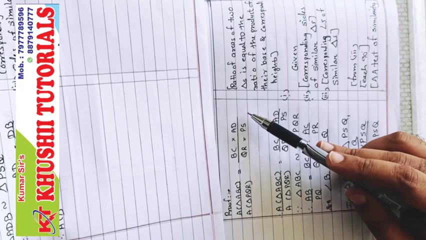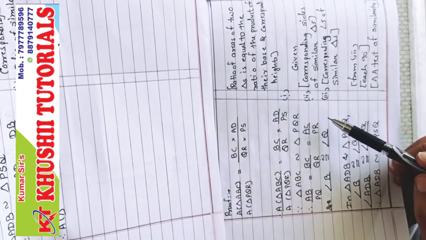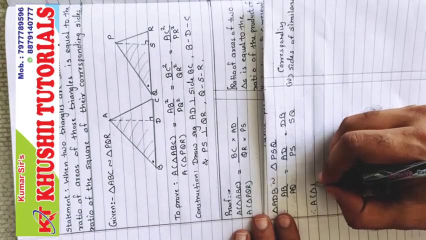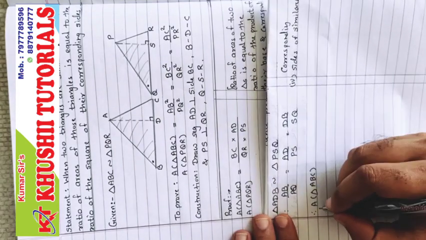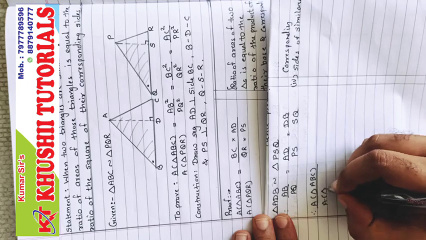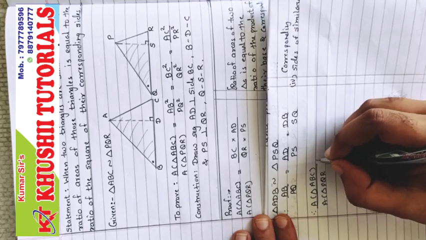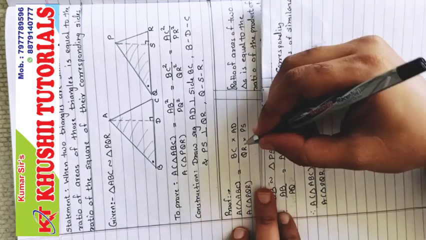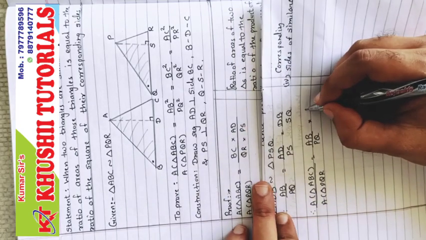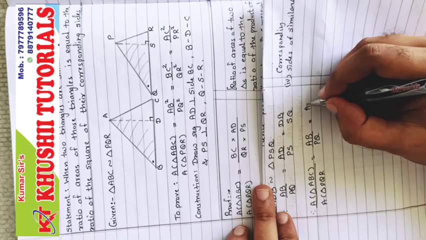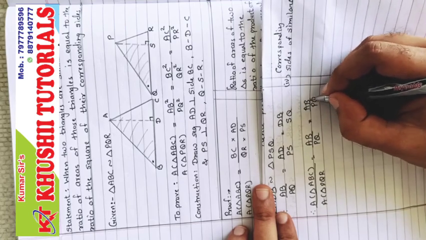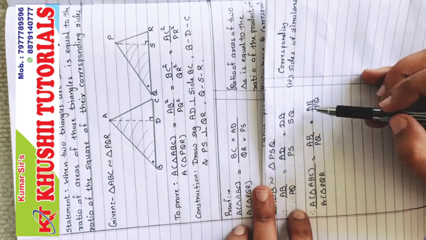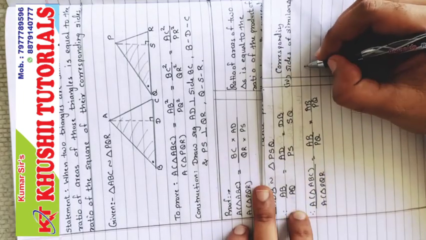So from 1, from 2 and from 4, area of triangle ABC upon area of triangle PQR equal to AB upon PQ into AB upon PQ, because AD upon PS equal to AB upon PQ.